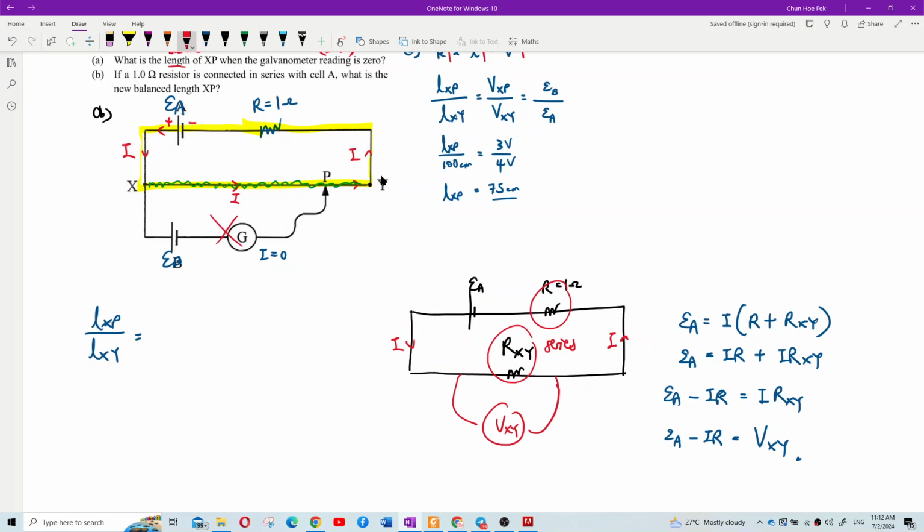This is the voltage across XY, which is the voltage across this RXY. Yes, voltage XY is E minus IR.